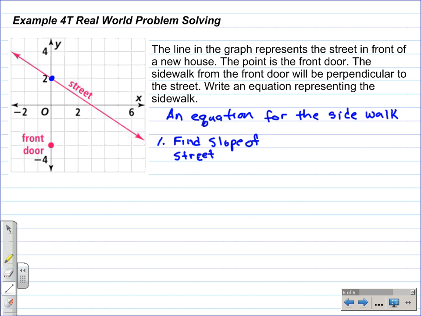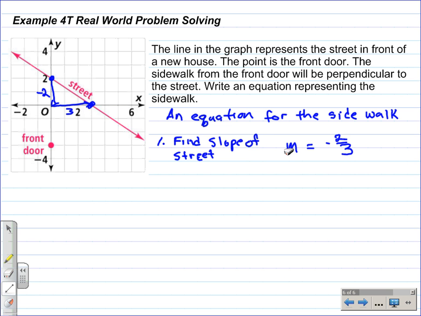If we just use identifying what are called good points, to go from this good point to this good point, we have to go down 2, which is represented by a -2, and we have to go to the right 3, which would be a +3. So the slope of the line representing the street is -2/3.